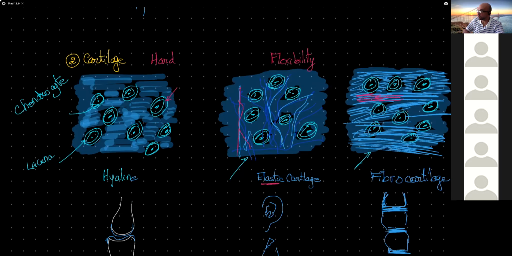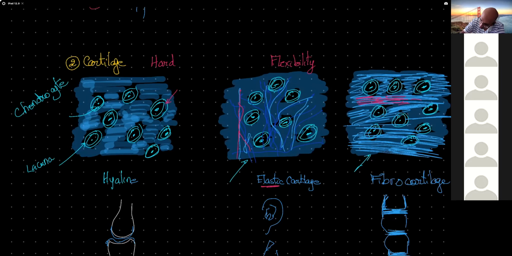So the function here is to absorb more compression. When I apply compression here, I have more fibers that can absorb this compression.